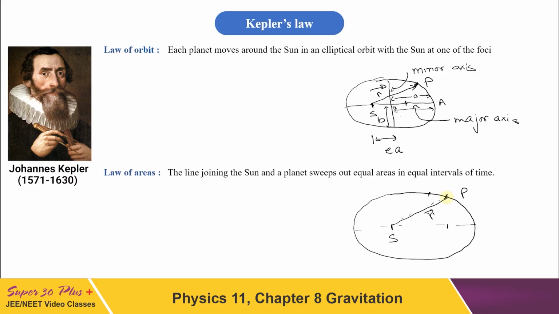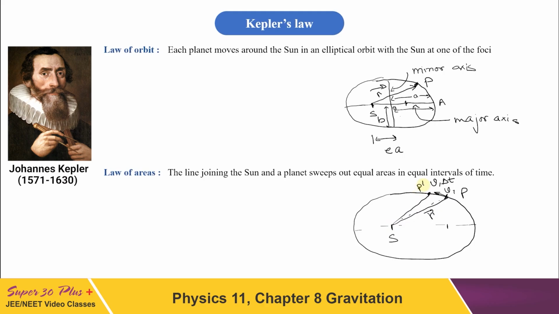If the planet has velocity v1 here, the distance it travels in time delta t is v1 delta t. Here we have considered the time interval to be small, so speed v1 can be assumed constant for the time interval delta t. Now the new location of the planet is this one.